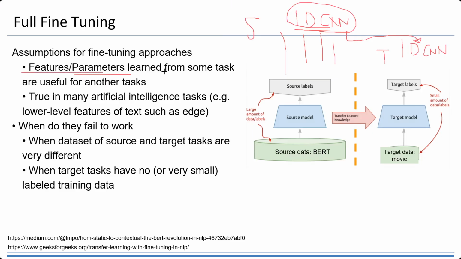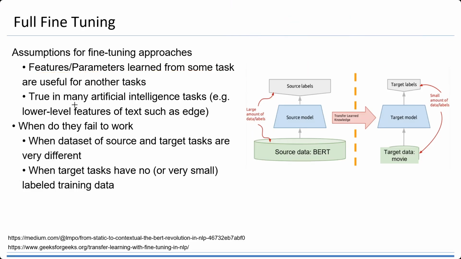So we say the features or parameters learned from some tasks are useful for another task. This is true in many artificial intelligence tasks. For example, if we want to have the low level features of text, such as ads. Ads means maybe in the application in your email. So this is what we sometimes call ads.